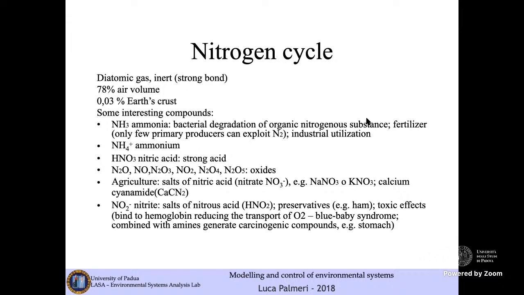The ammonium ion, on the contrary, is much more easily employed, because ammonia is a very small molecule compared, for example, to oxidized forms of nitrogen, like nitric acid or nitrate and nitrite.